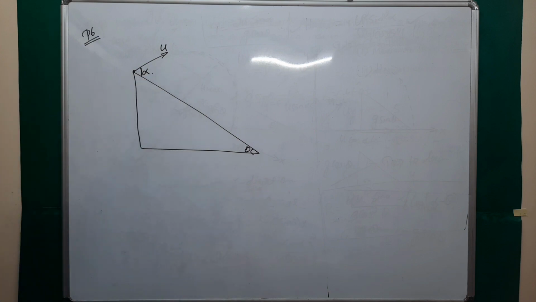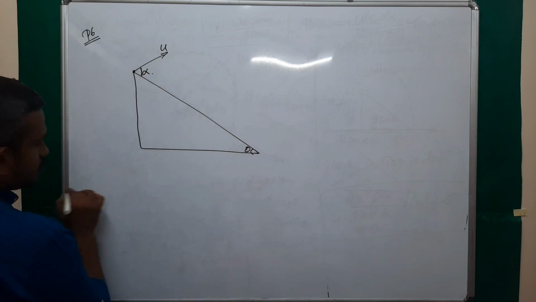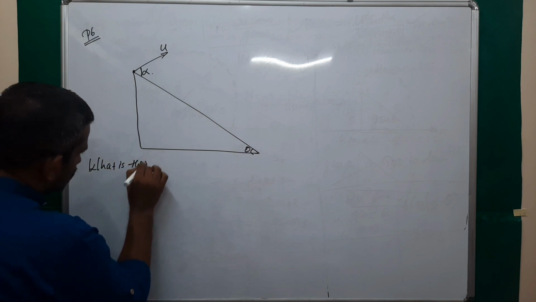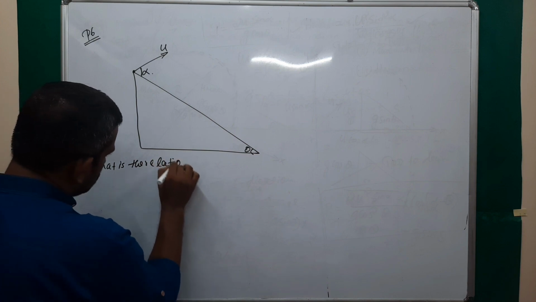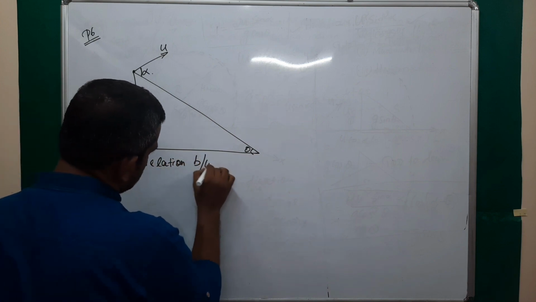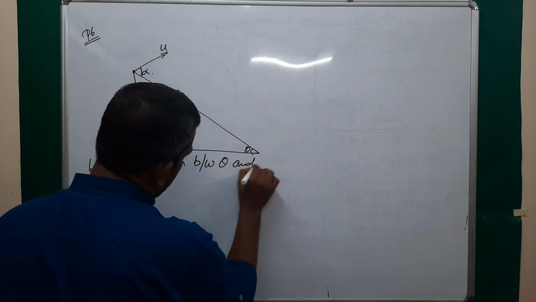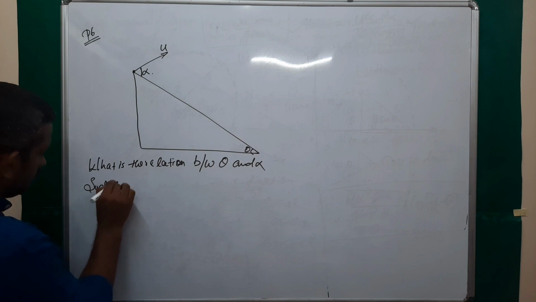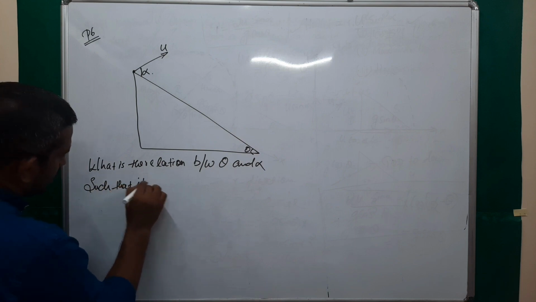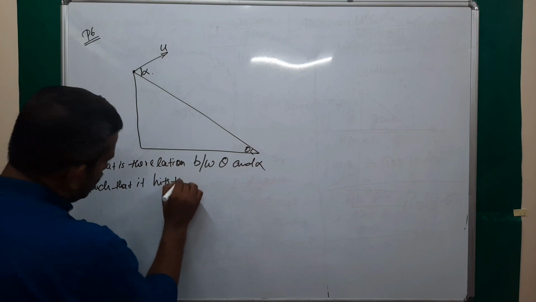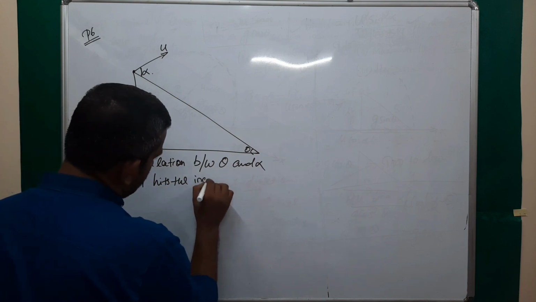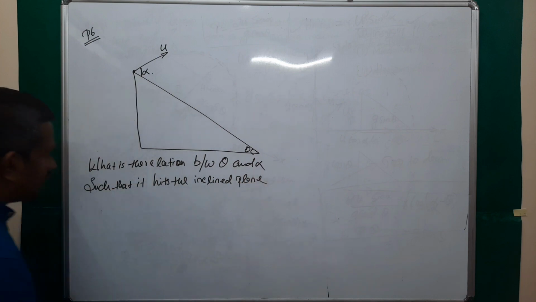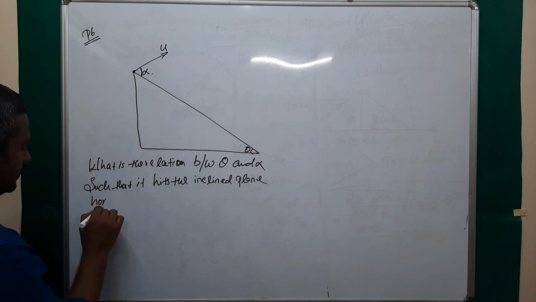This is the question: what is the relation between theta and alpha such that it hits the inclined plane normally, or at 90 degree.